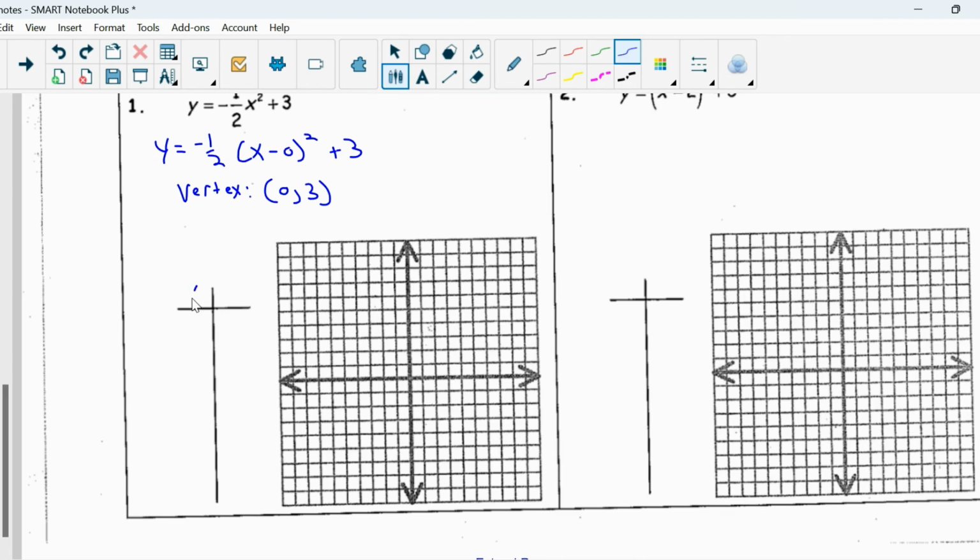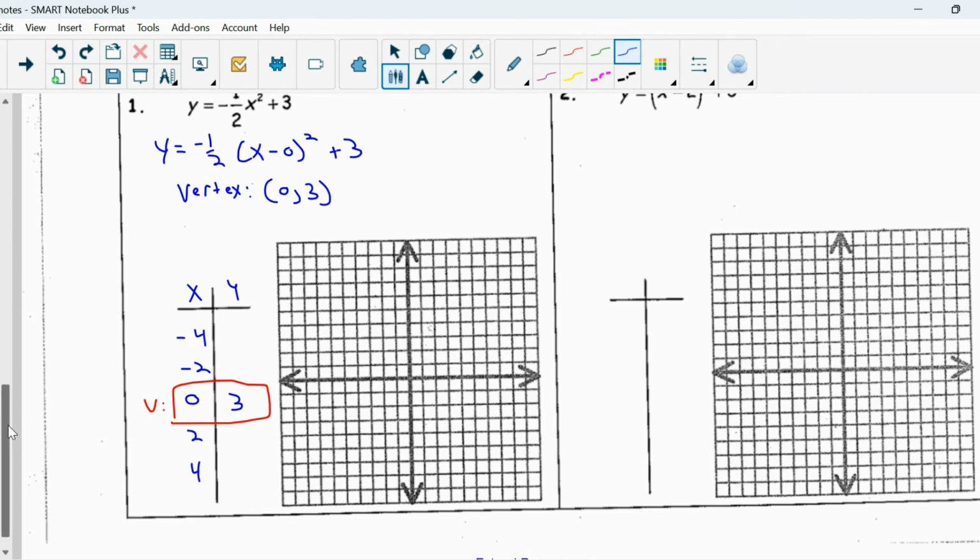So let's fill out our table. X, Y, we need to have at least 5 points, but we might as well start at our vertex, which is 0, 3. Let's do 2 points above, which we'll just take -2 and -4, and 2 points below.